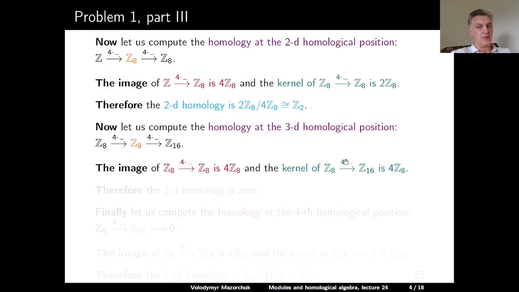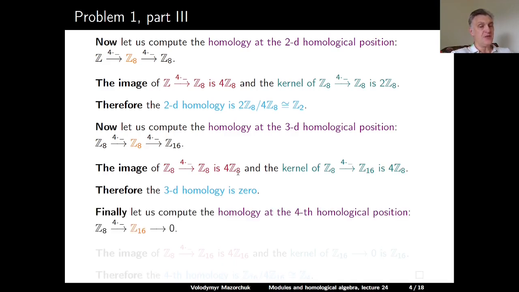And the kernel of the map 4 times something from Z sub 8 to Z16 is 4 times Z sub 8. So we need to have 4 to multiply with 4 to get 16. Therefore, the third homology is 0. It's a quotient of 4Z sub 8 by 4Z sub 8. That's the 0 abelian group.